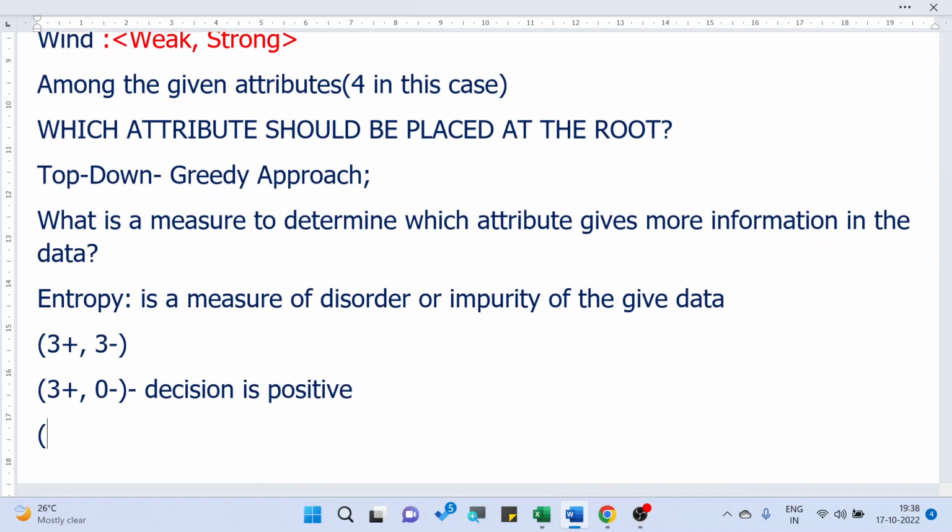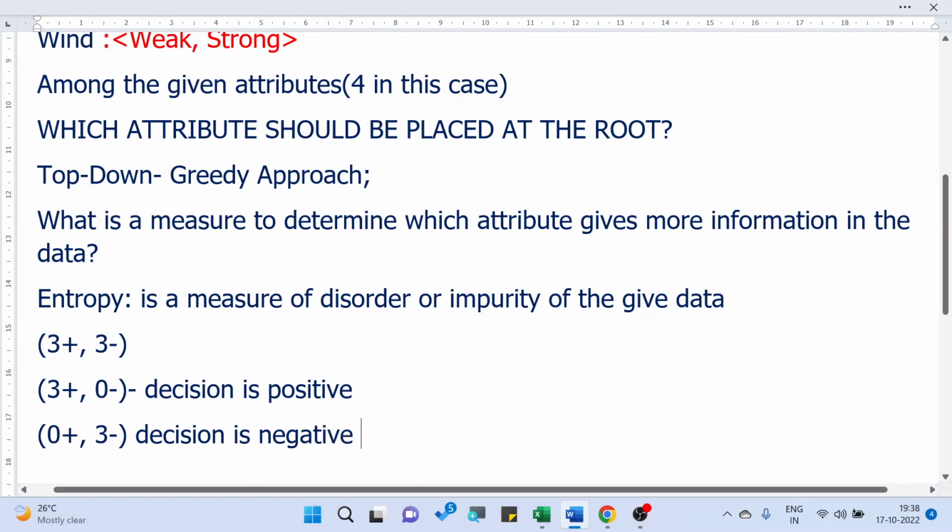Or otherwise, if it is 0 positive and 3 negative or 4 negative, whatever it may be, then I can take the decision very easily, and I can say that my decision is negative. So these latter 2 examples help us to take the decision very easily.